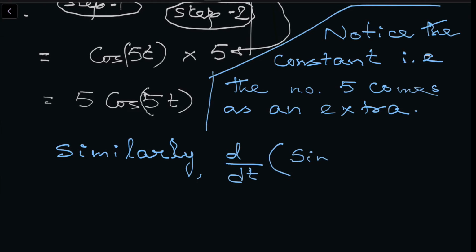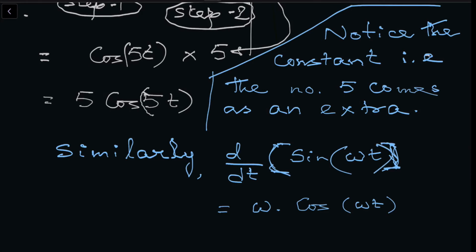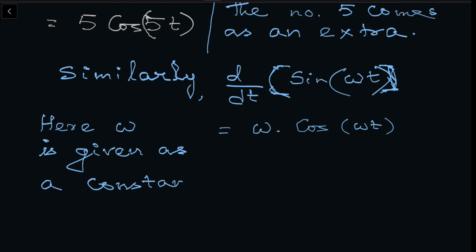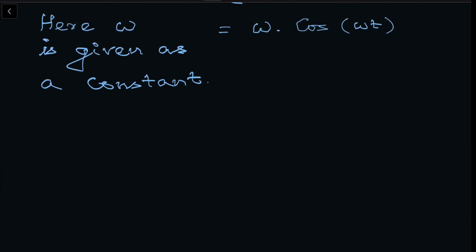Similarly, d by dt of sine omega t, if omega is a constant, it will become omega into cos omega t, and omega comes as an extra. But obviously, here omega is given to be a constant. Later we will find this in sound, SHM.